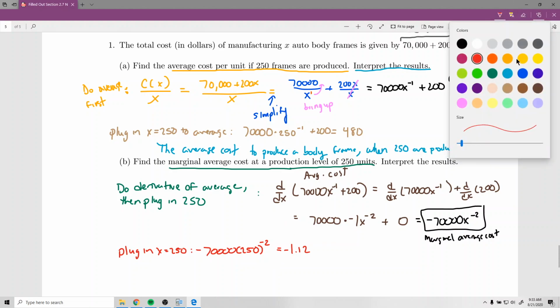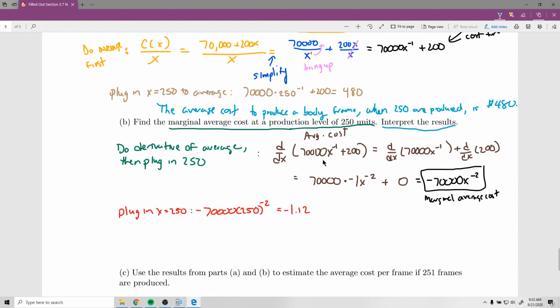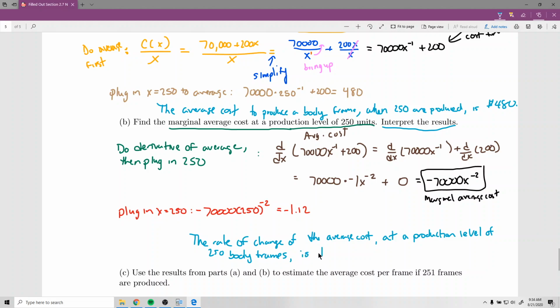All right, so we can interpret this just like last time, except now we're talking about the derivative, so it's a rate of change. So what it's saying is the rate of change of the average cost at a production level of 250 body frames is decreasing.